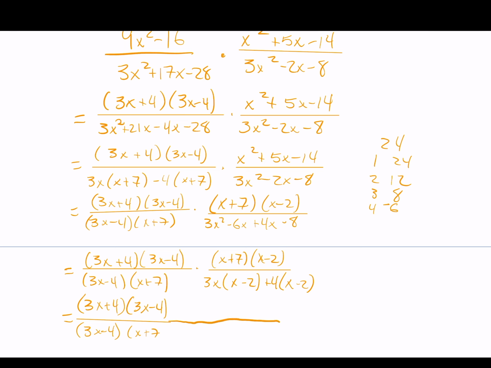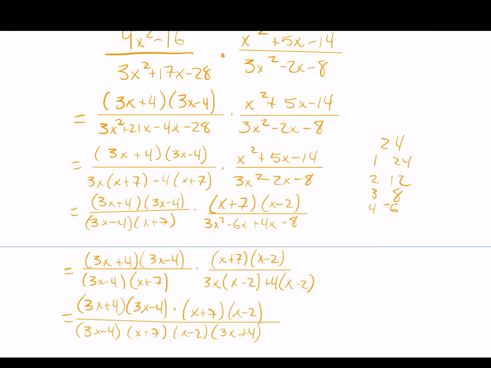And we'll just go ahead and write these numerators and denominators multiplied together: x plus 7, x minus 2, and then we can combine the others as x minus 2, 3x plus 4. So what cancels?